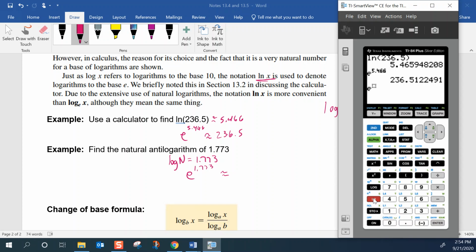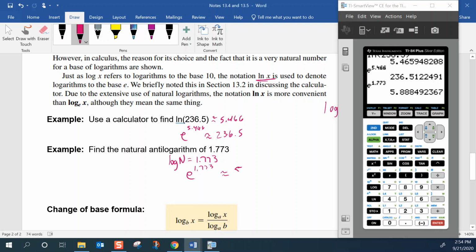We end up with approximately 5.888. All right, so we use calculators for natural logarithms as well. But notice the only two logarithm buttons on your calculator are log base 10 and log base e.